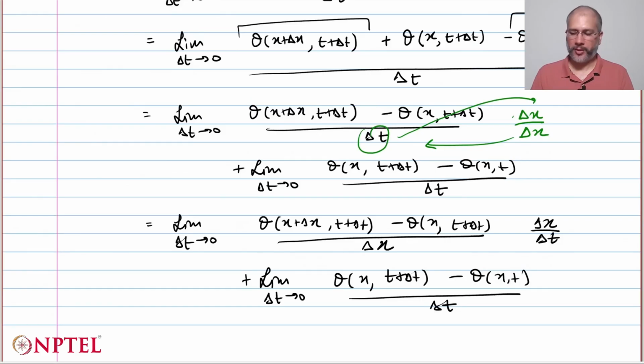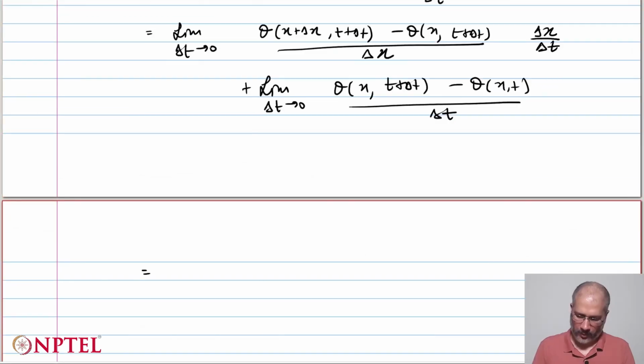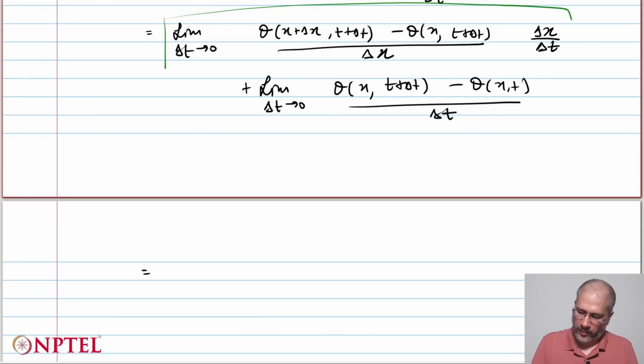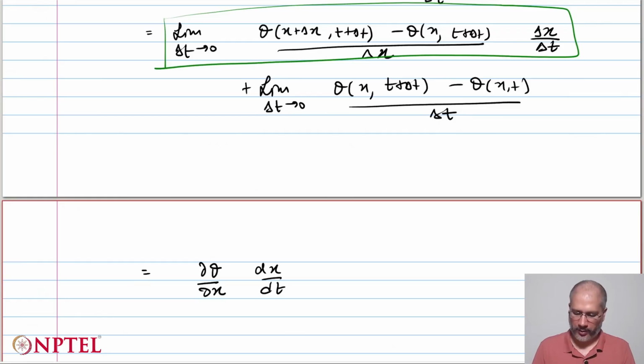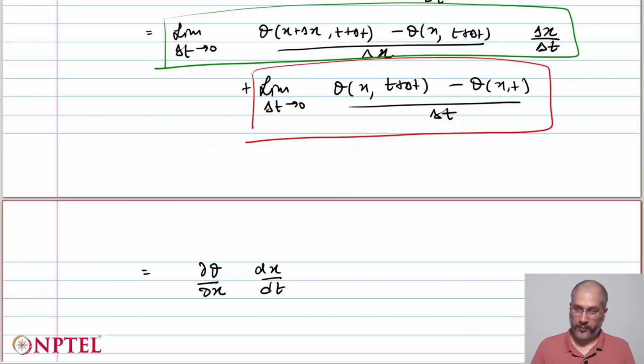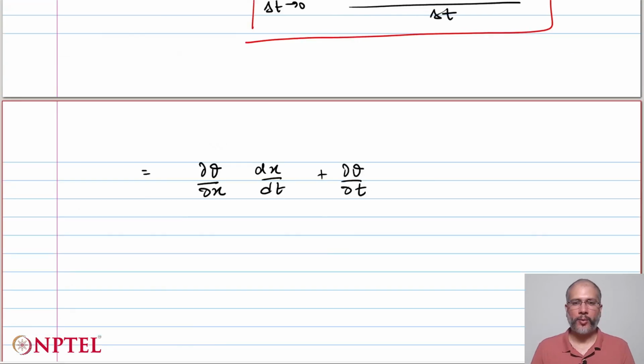Now we'll apply the limit. So let's look at the first term. When you apply the limit, this basically becomes partial theta by partial x, and delta x upon delta t becomes dx by dt. And now if you look at the second term, this actually is partial theta by partial time, which is exactly what we are looking for.